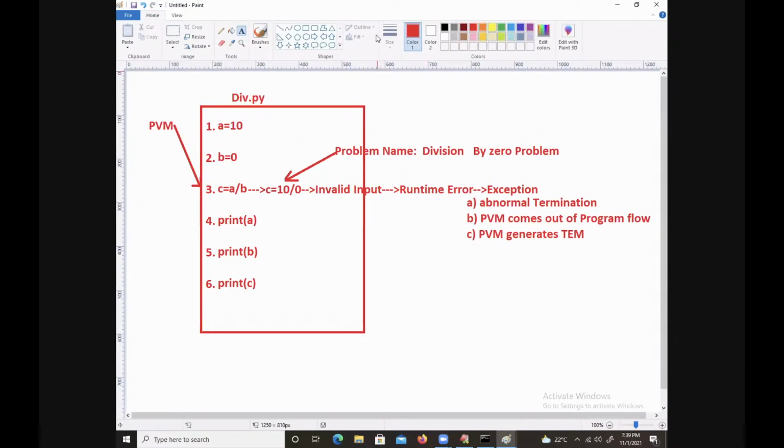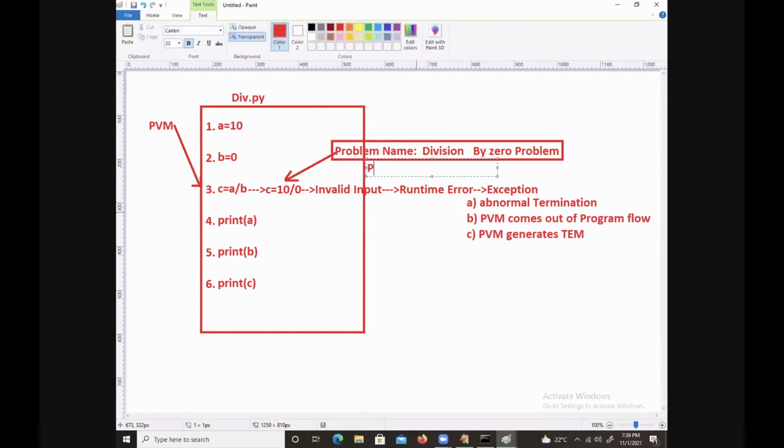What is the problem name? Division by 0 problem. For this problem, PVM creates internally, I am writing here, an object of ZeroDivisionError. I will show you that program also. ZeroDivisionError.